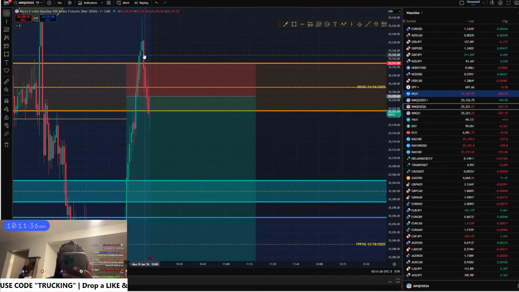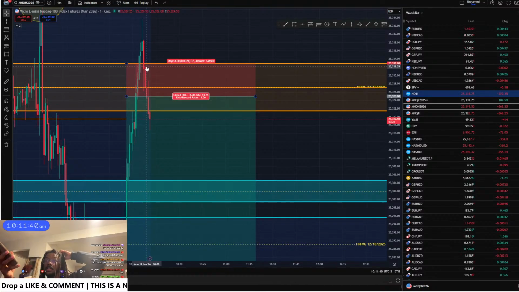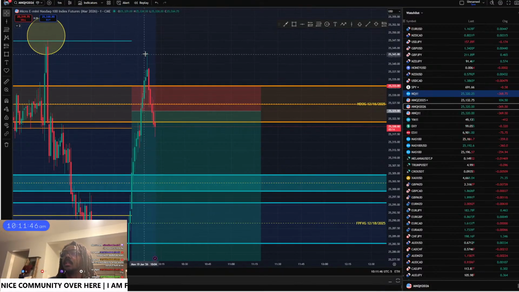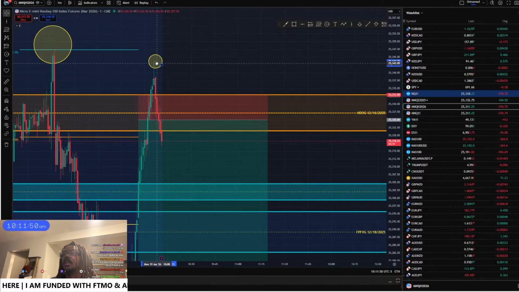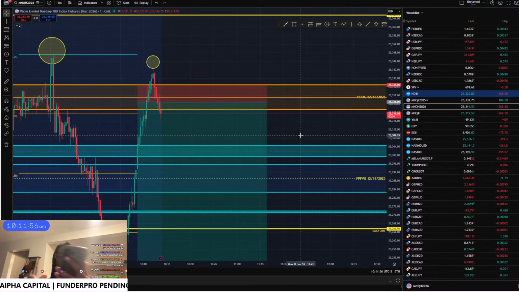If it don't come back up here and hit this little breakaway gap, we could be looking at a sell, or it may come back up here and sweep this liquidity right here, and then drop off. But so far it's looking like we might be going right back down. I just don't like this price action with these type of markets, man. I'm not the biggest fan.